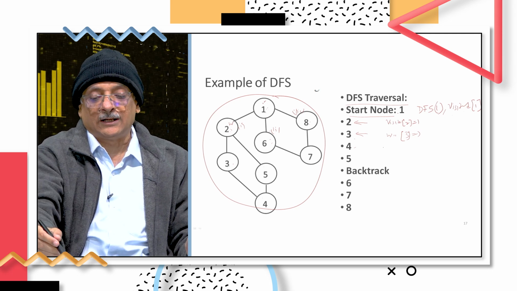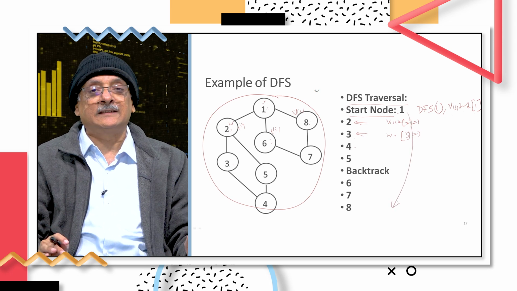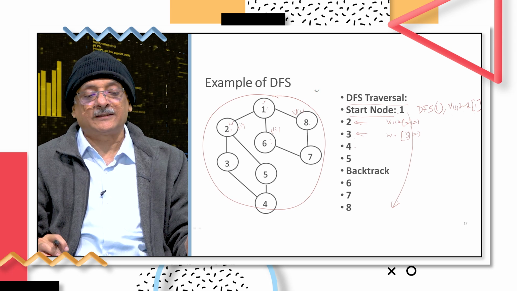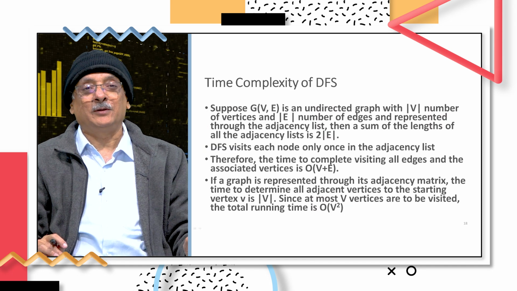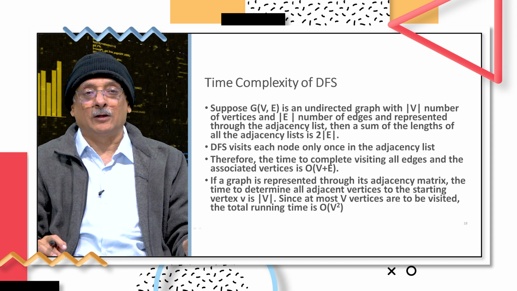And the result of this particular algorithm is that you have visited all the vertices in a depth first search fashion. Now, what is the complexity of this depth first search algorithm?